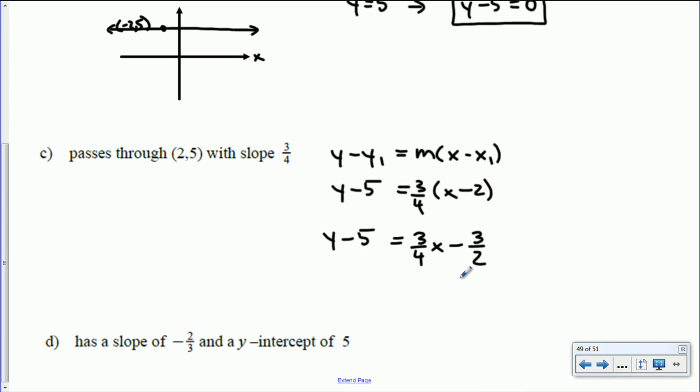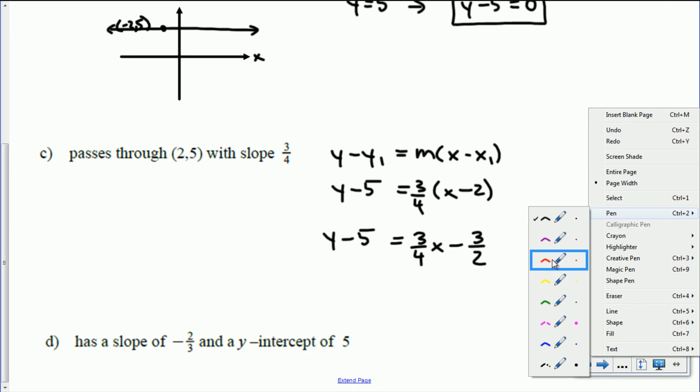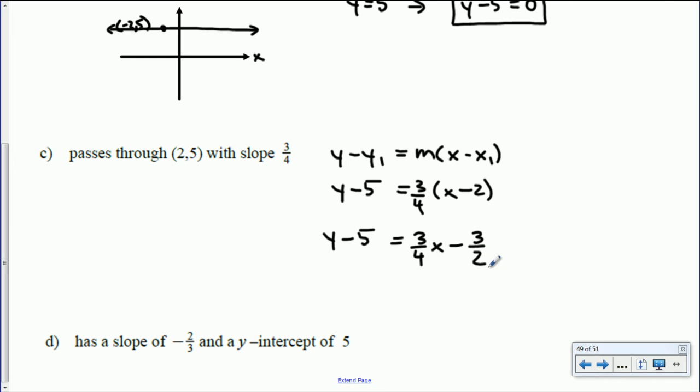Y minus 5. Okay, so in order for us to get this into general form, what we need to do is get rid of these denominators. So if I want to get rid of that 4 and this 2, probably the quickest way to go about doing that is multiplying both sides of this equation by 4, making sure that you are hitting each term.